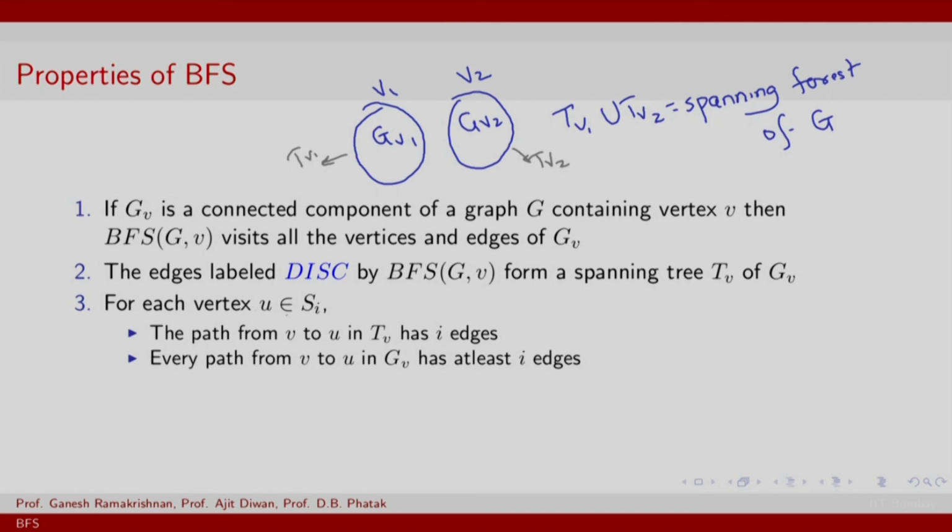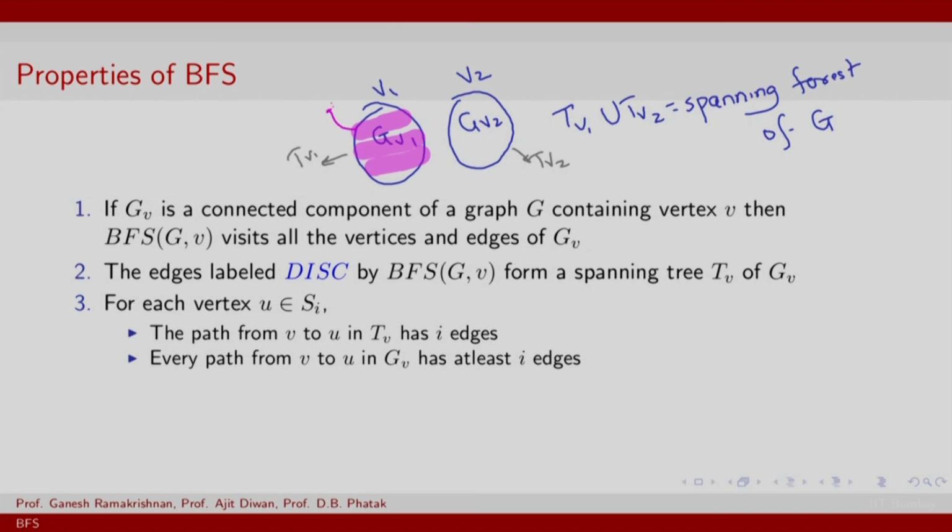Now for each vertex in Si, where Si was the sequence that we populated at different levels, the path from V to U in TV has i edges. So the Si correspond to different slices in the same graph. S1, S2, S3 were the slices in a single graph.